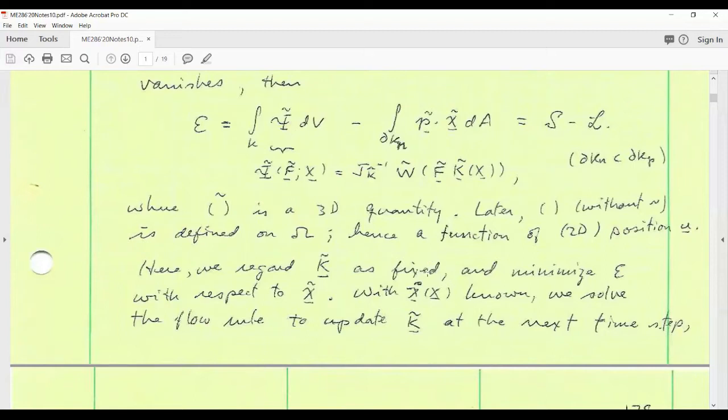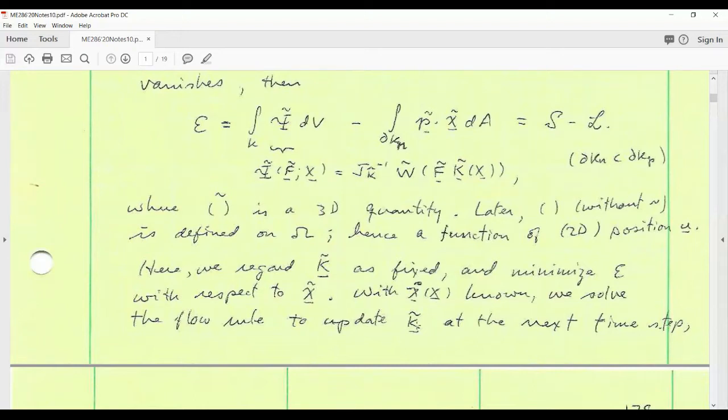What we could do then, with that deformation known and that K field, we could solve the flow rule to update the K field or the plastic deformation G tilde. Say incrementally if you're forward integrating in time, numerically, this information then can be used to solve the flow rule to update the plastic deformation at the next time step.